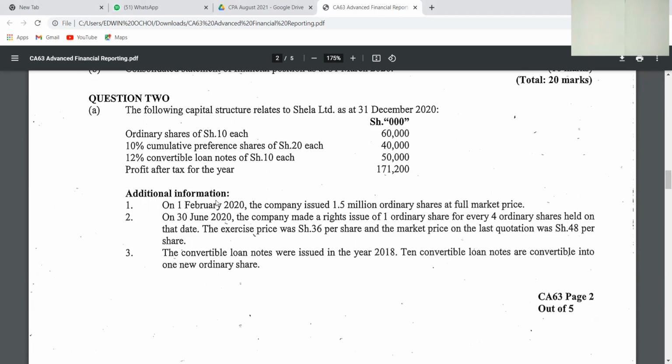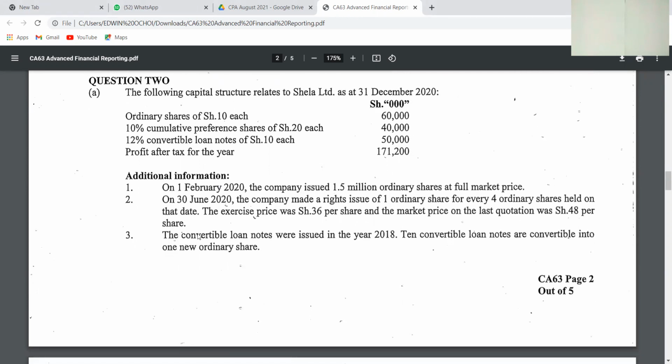On 30 June 2020, the company made a rights issue of 1 ordinary share for every 4 ordinary shares held on that date. The exercise price was shillings 36 per share, and the market price on the last quotation was shillings 48 per share.